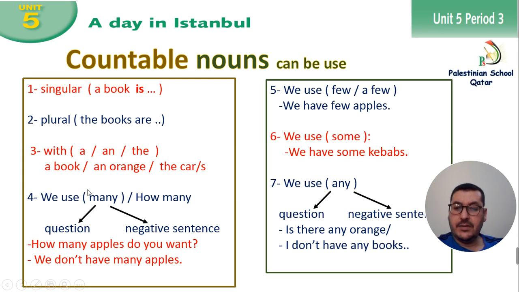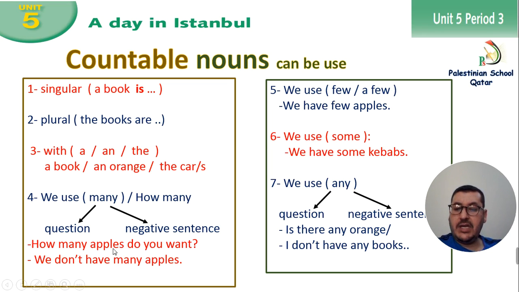Number 4, we use many with countable nouns, or we can say how many. And be careful, everybody, many can be used with a question and with a negative sentence. But in our book they have mentioned a question and a negative sentence.